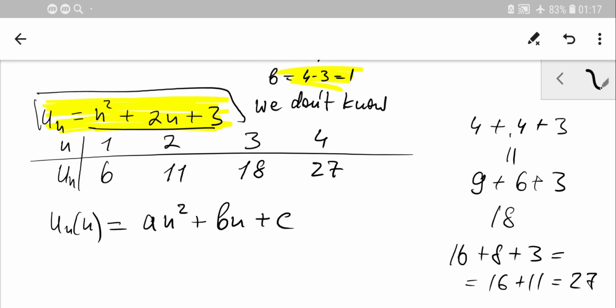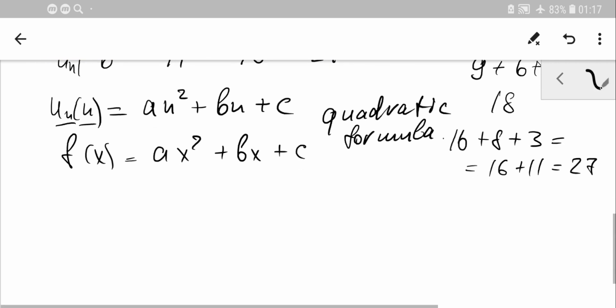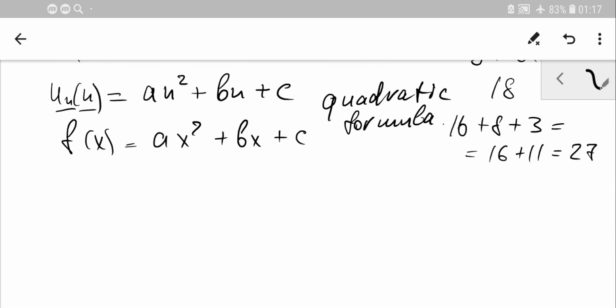It's very similar to the quadratic function, where you have x squared plus bx plus c, right? So anyway, this is quadratic formula or quadratic dependency of un's term from n.